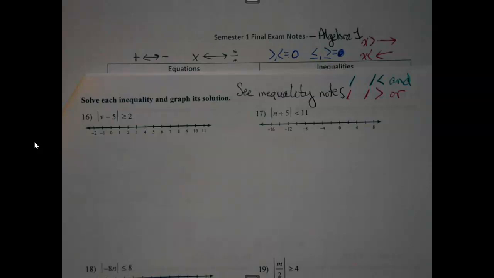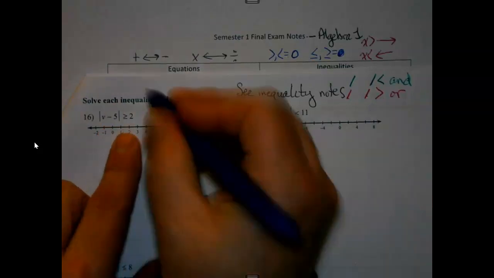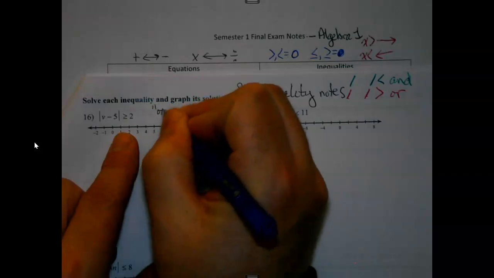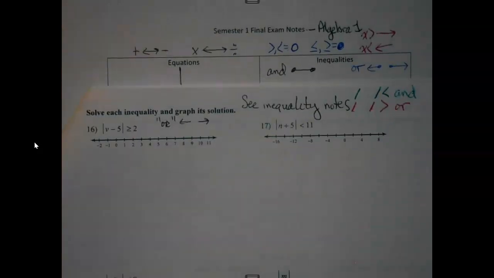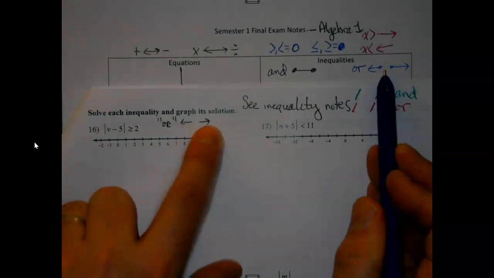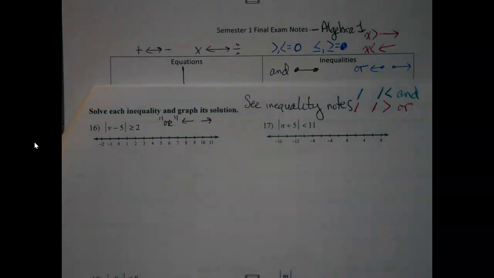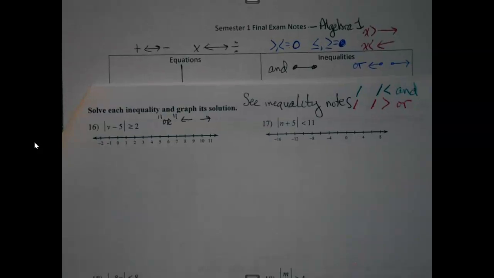So how does this work? Okay, let's say we're looking at 16. The absolute value is greater than. So by knowing it's an OR, I know that my arrows should be going away from each other if I do this correctly. So how do I do it? Here's how we do it. We're still going to have two inequalities to solve.